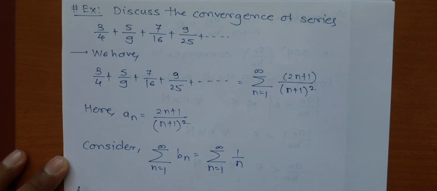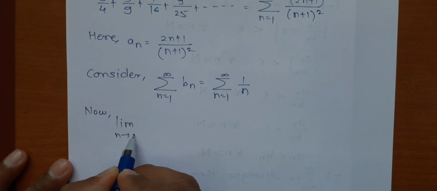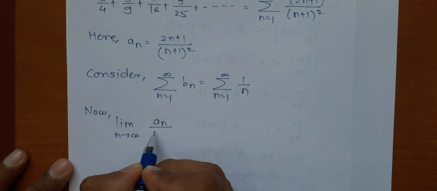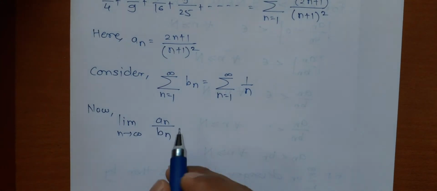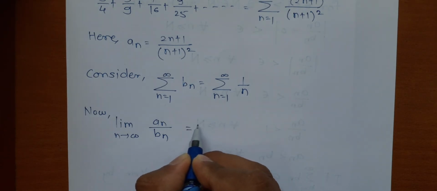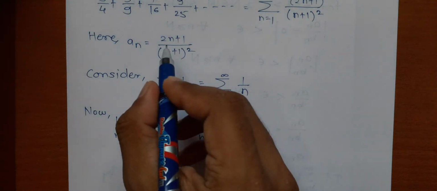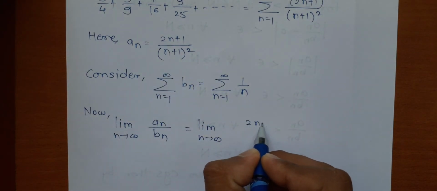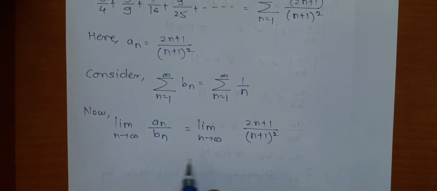Now you know that in the limit comparison test we always find the limit as n tends to infinity of a_n upon b_n. According to that limit, we will decide whether the series converges or diverges. So this is equal to the limit as n tends to infinity of (2n plus 1) upon (n plus 1) whole square, divided by b_n, which is 1 by n.